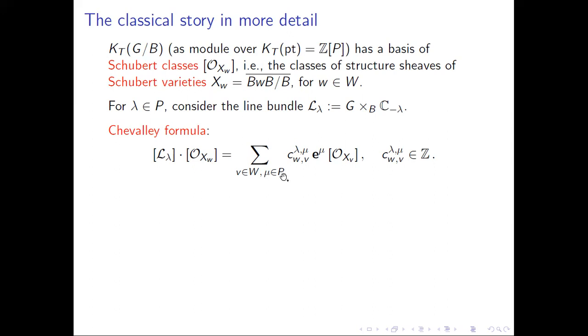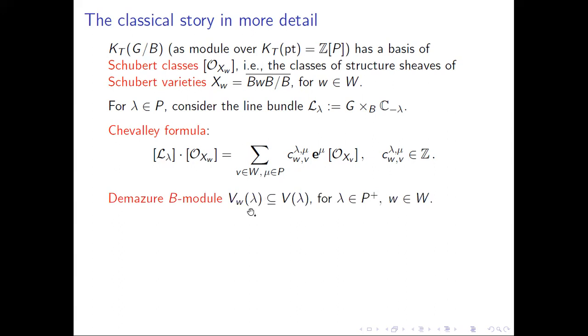It expresses the product of an arbitrary Schubert class with the class of this line bundle. When you expand in the basis of Schubert classes, you get these equivariant coefficients e to the mu, and then some integer coefficients. So we want to write this explicitly.